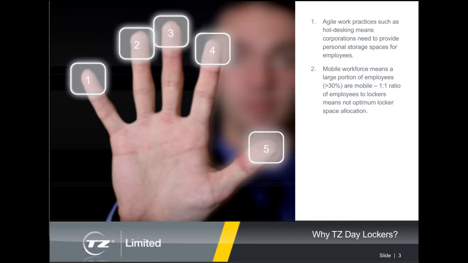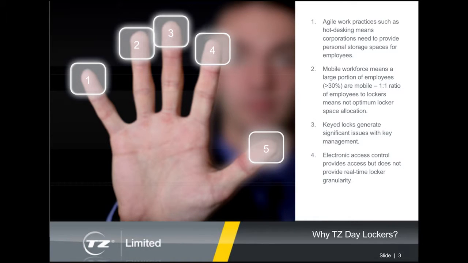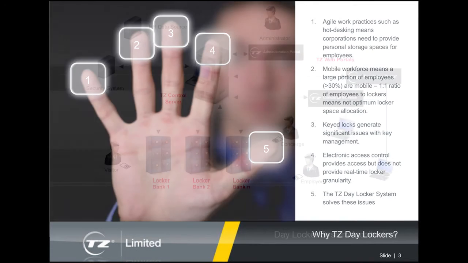A mobile workforce means a large portion of their employees are mobile. Typically, a 1-to-1 ratio of employees to lockers is not always an optimum locker space allocation. Keyed locks generate significant issues with key management. Electronic access control provides access, but does not provide real-time locker granularity. The TZ Daylocker system solves all these issues.